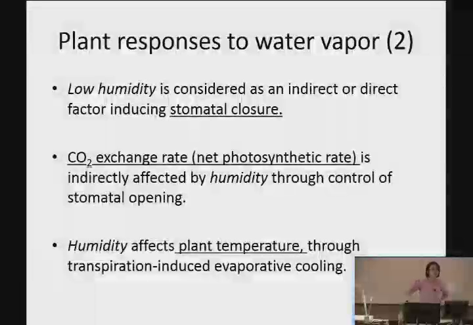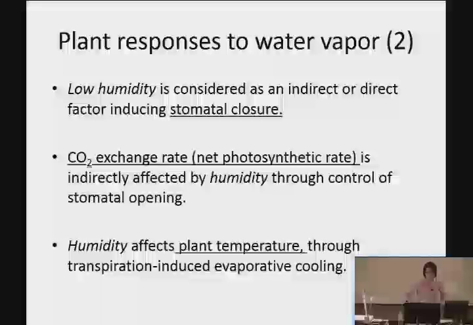Therefore, humidity indirectly affects net photosynthetic rate. That's why if you grow plants in too low humidity, plants don't grow really well compared to the conditions optimum to the plants. There is a range of humidity in which plants can function better than at other levels of humidity.